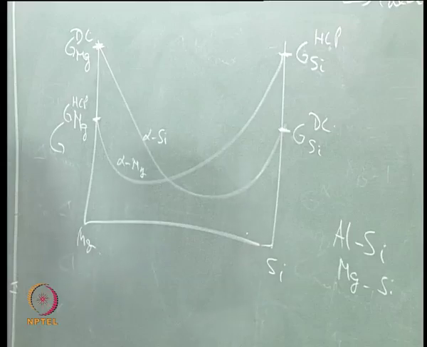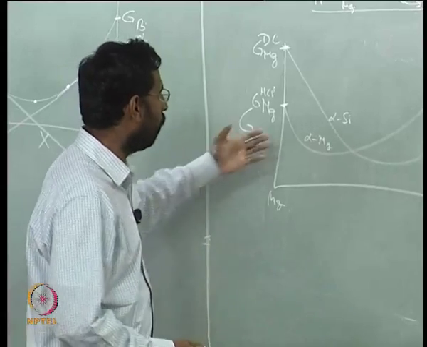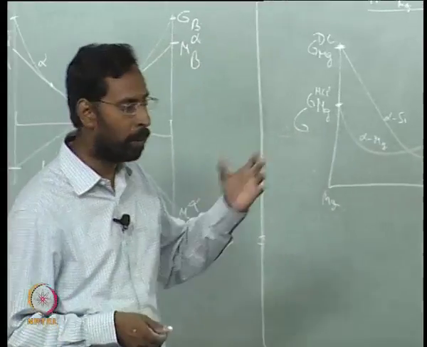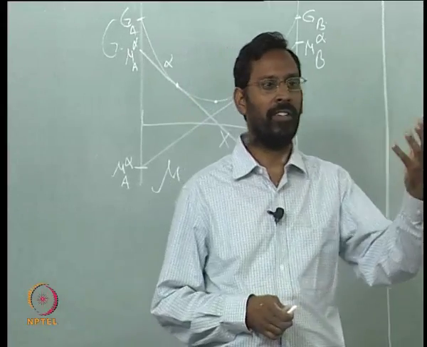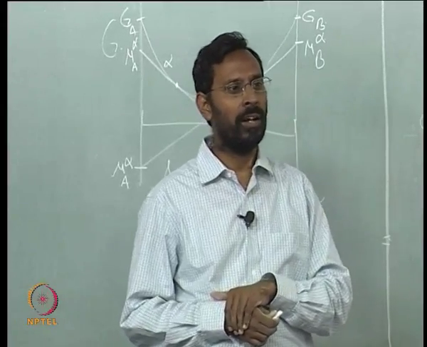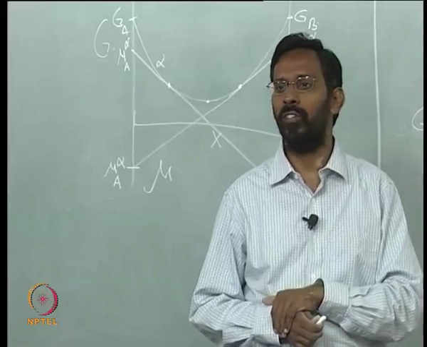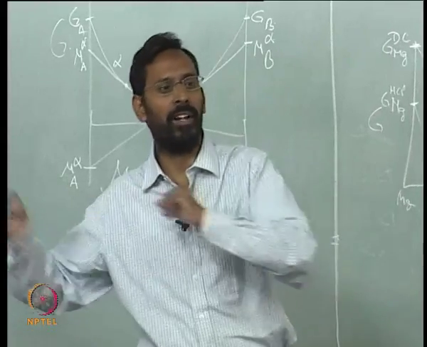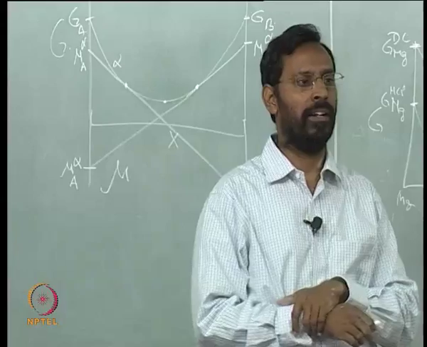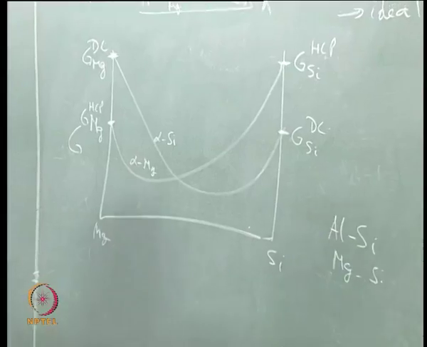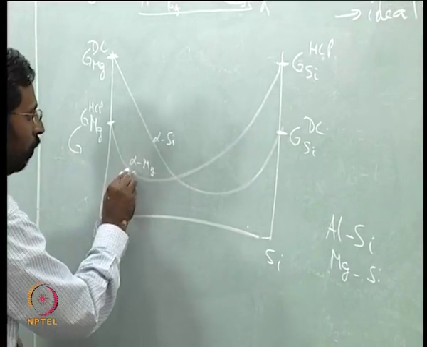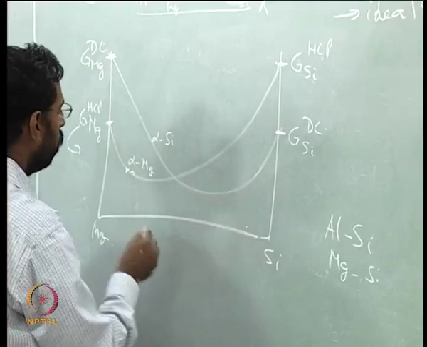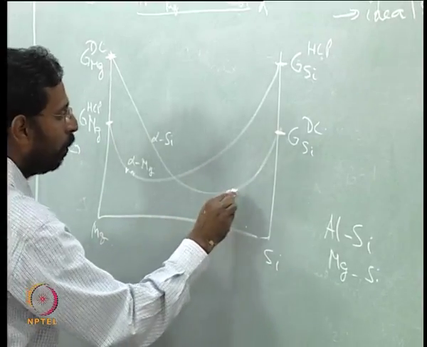Now, if I look at two compositions of magnesium-silicon alloys, one let us say containing about 20% silicon, one piece containing 20% silicon in magnesium, another piece containing let us say 80% silicon, and then put them together. Let us say this is one composition, and another composition somewhere here.